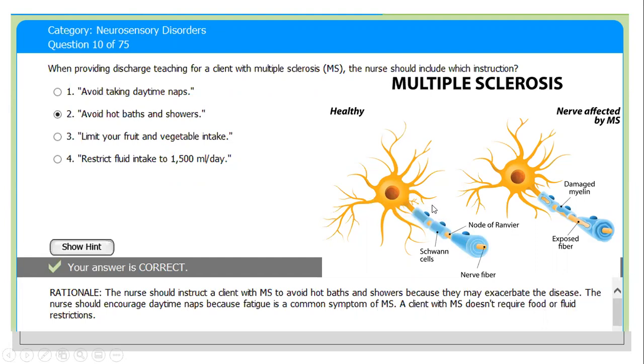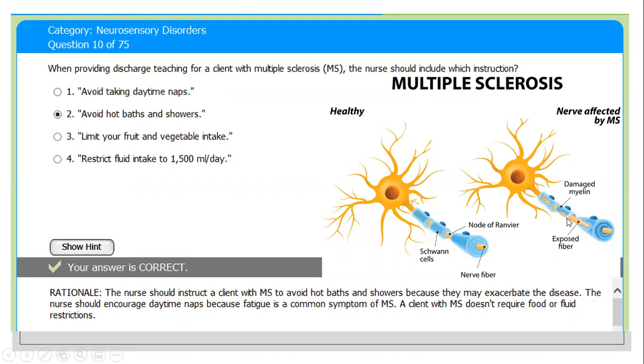Unfortunately, in the person who has multiple sclerosis, the nerve is not covered by myelin sheath. We call it demyelinated, exposed fiber. When the fiber is exposed like this, problems start.